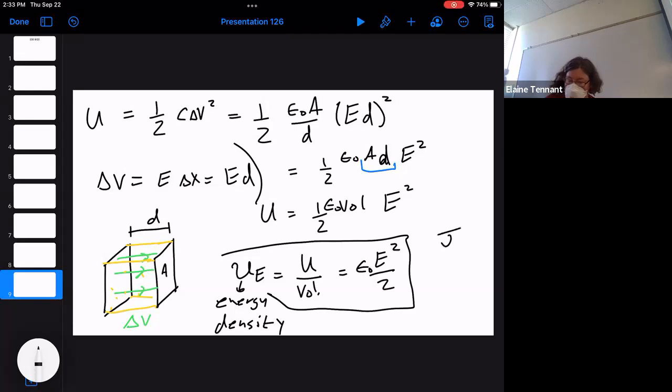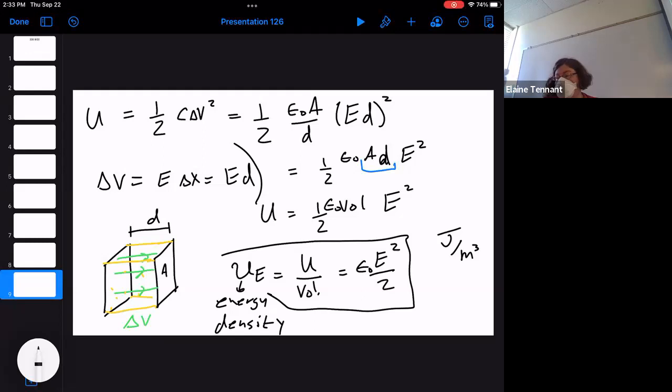Just so you know, it's got units of joules per meter cubed because it's an energy per unit volume. I don't think I have anything else to say about that. It's a scalar. Pretty happy? Okay.